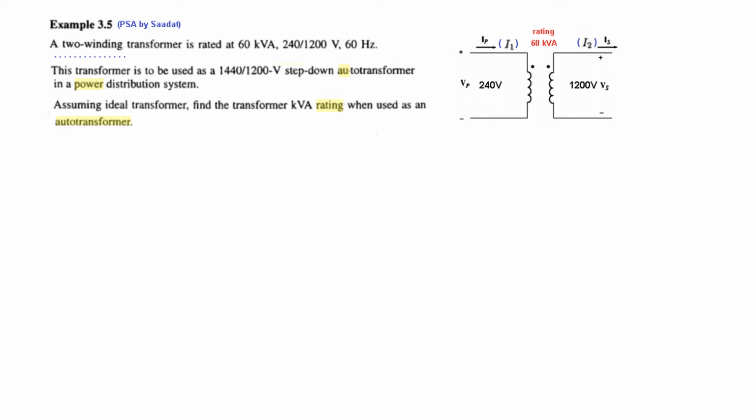Now let's do a very simple example. This has been taken from a book by Mr. Sadat, who has explained it very clearly. A two-winding transformer is rated at 60 kVA, that is the power.